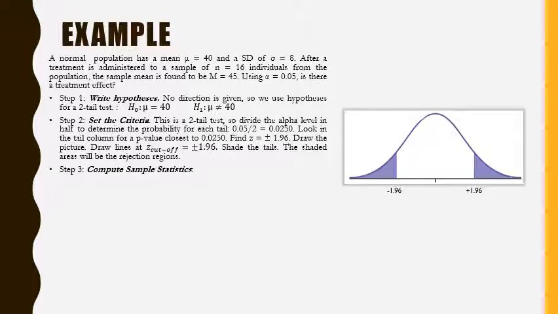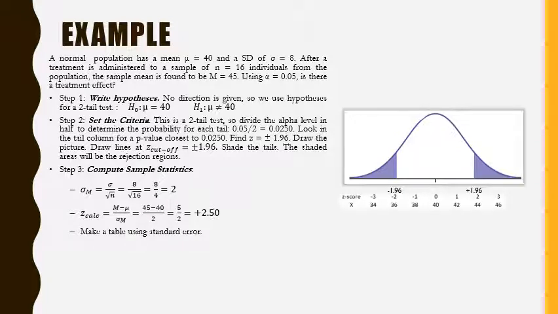Next, you're going to compute the sample statistics for the problem. So I found an estimated standard error of 8 over square root of 16, which gave me 2. Then you're going to calculate the z-score. So 45 minus 40 divided by 2 is going to give you plus 2.5. Then I want you to make a table using your standard error and the estimated mean, which is 40.